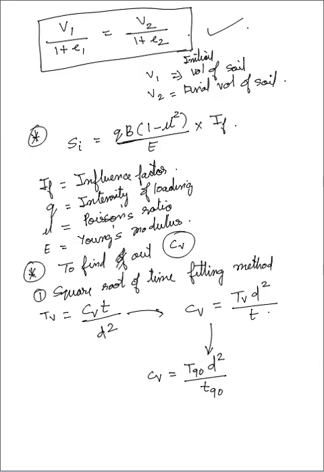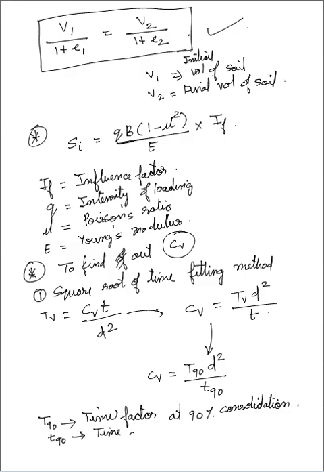Now what do you mean by 90? 90 means 90% consolidation. T90 is the time factor at 90% consolidation, which means only 10% consolidation is remaining, and small t90 is the time at 90% consolidation.